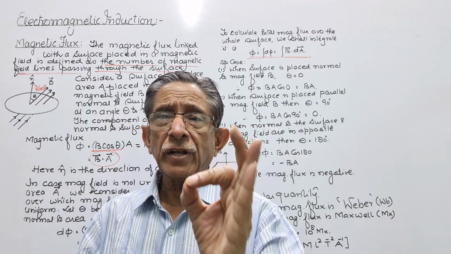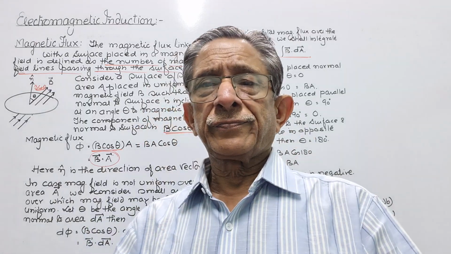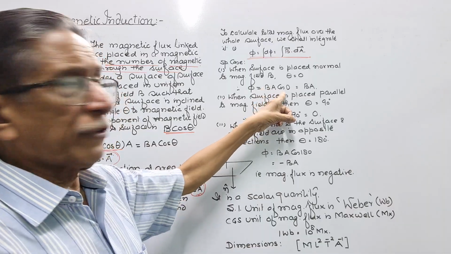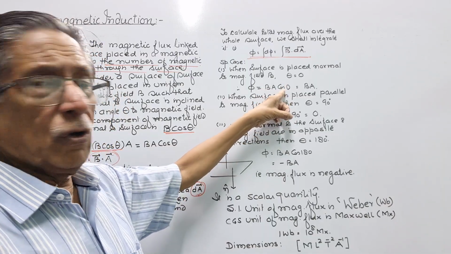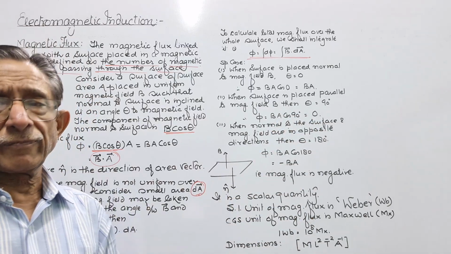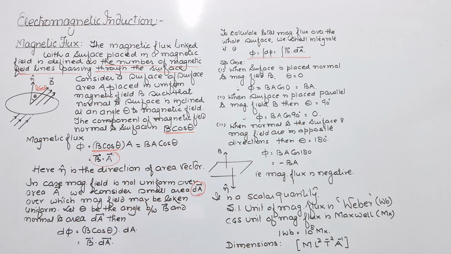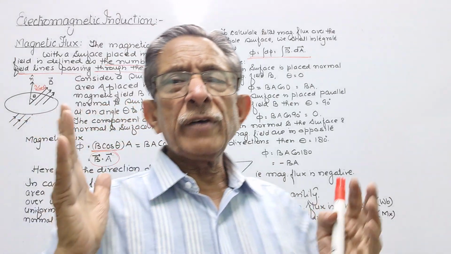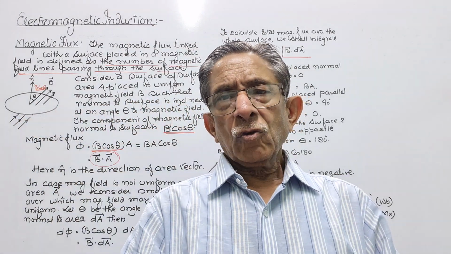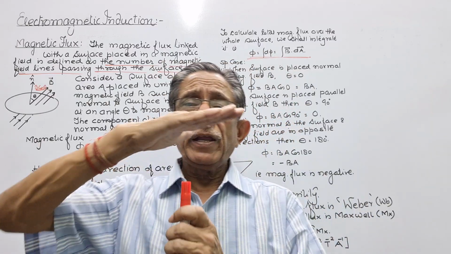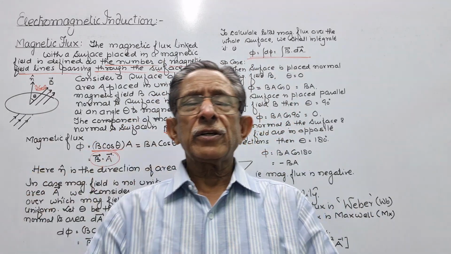As such, theta is equal to 0. And when theta is equal to 0, phi is equal to BA cos theta. Cos 0 is 1, so flux is given by simply BA. It is the maximum value of magnetic flux passing through the surface. So maximum magnetic flux passes through the surface when the surface is placed normal to magnetic field.